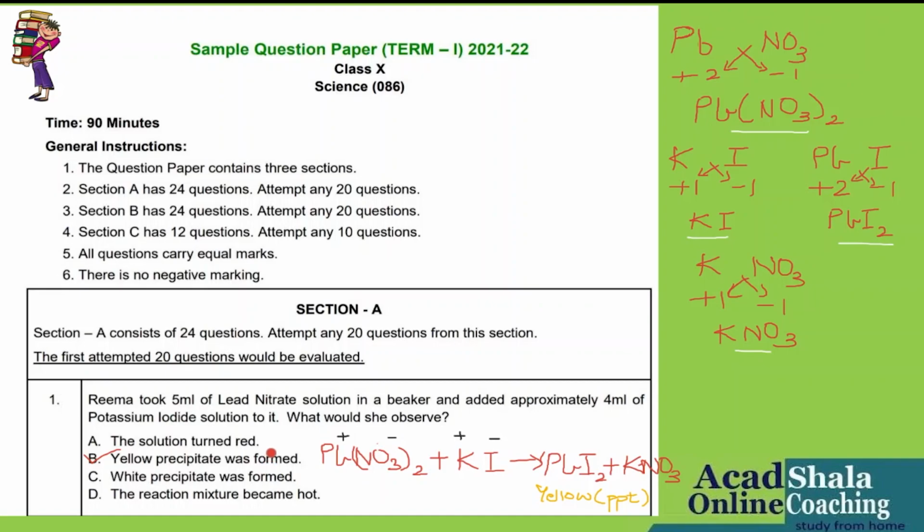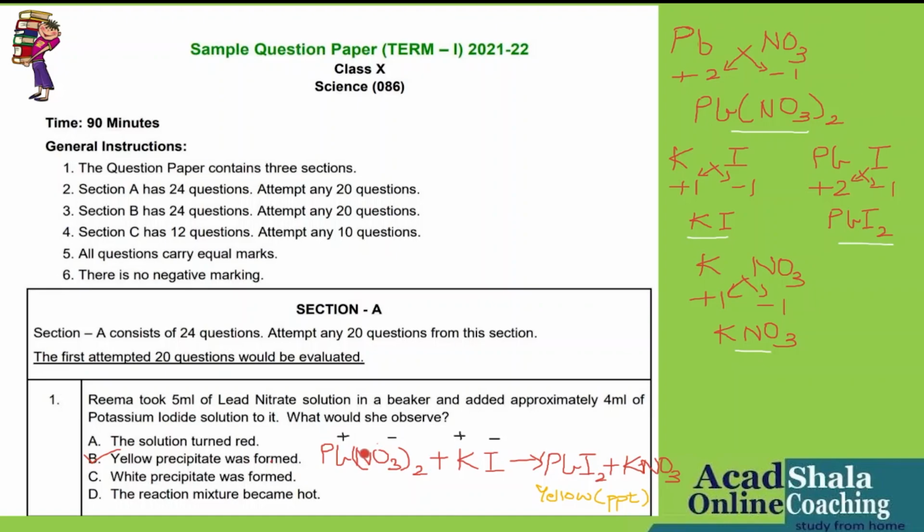And now it is objective, so you need to again solve. The same system will be followed. Solving is a must. It will not discontinue, children. It will remain there. Solving of the question and then going for the correct option is really very, very important.